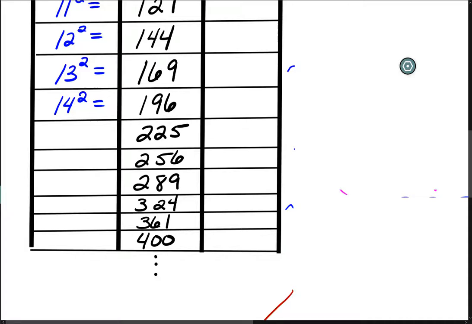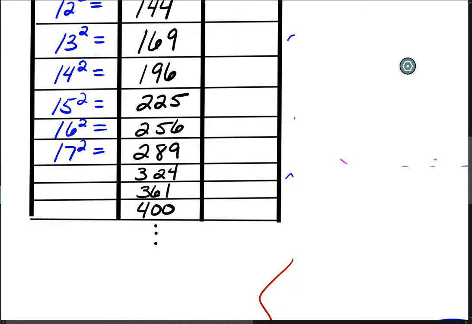225 is 15 squared. 256 is 16 squared. 289 is 17 squared. 324 is 18 squared. 361 is 19 squared.